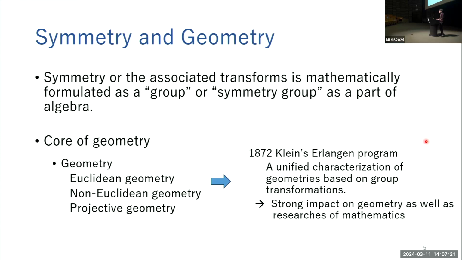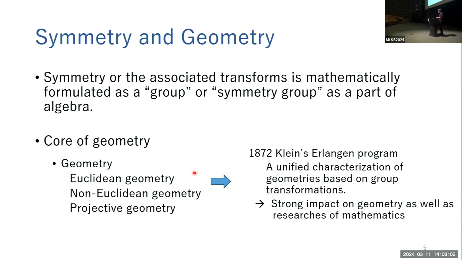Traditionally, the group was studied as part of algebra, but it was in the late 19th century that Klein hit on the idea that a group gives a very unified characterization of various geometries. At that time, there were several notions of geometry. The most traditional one is Euclidean geometry, as you know. However, there were and are lots of other geometries called non-Euclidean geometry, such as the Poincare disk or projective geometry.